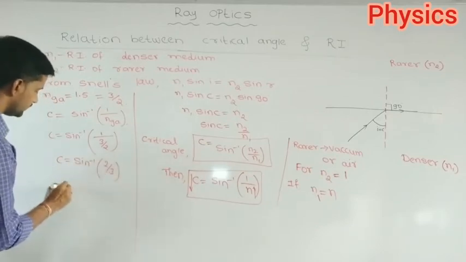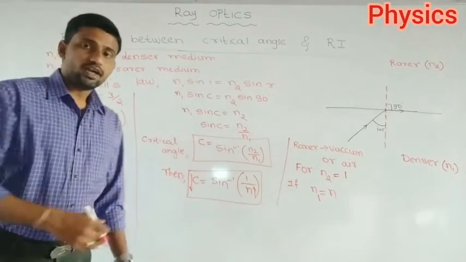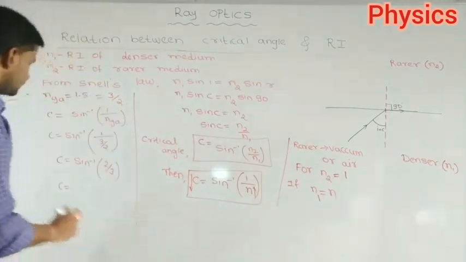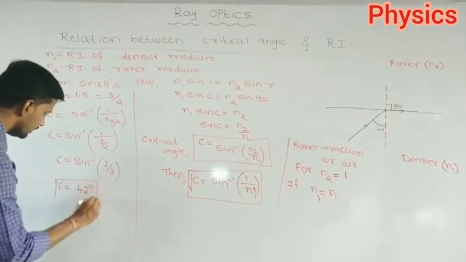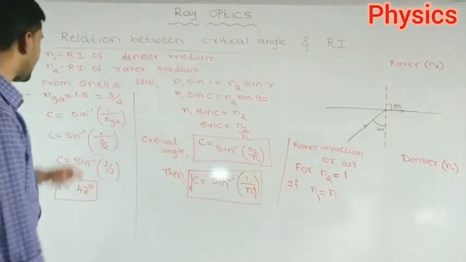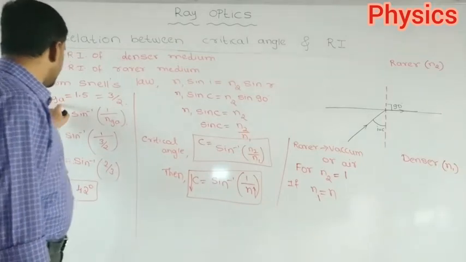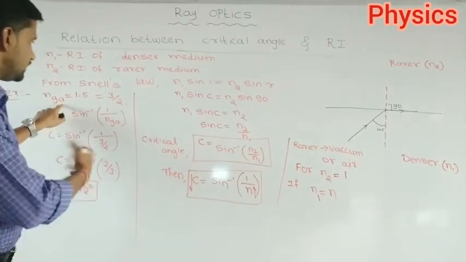If you calculate this, you will get some 42 degrees. So this is the critical angle for glass with respect to air.